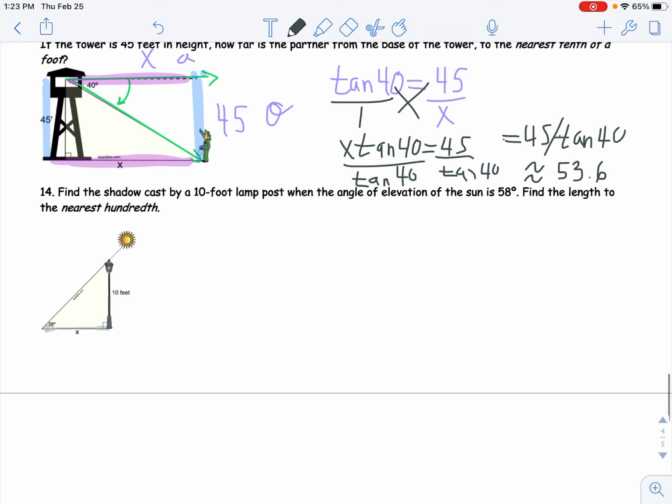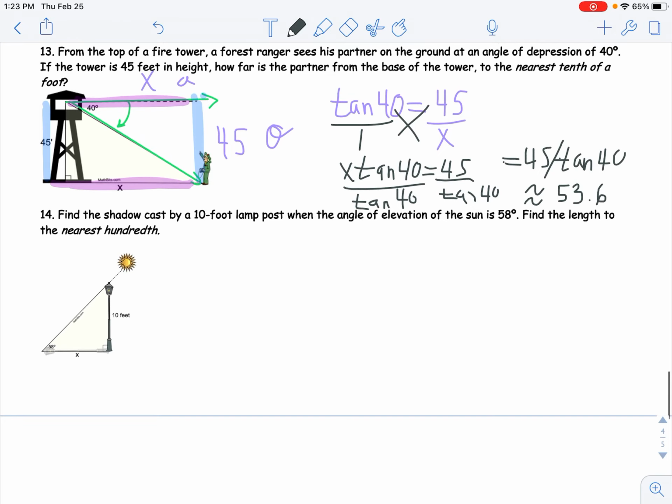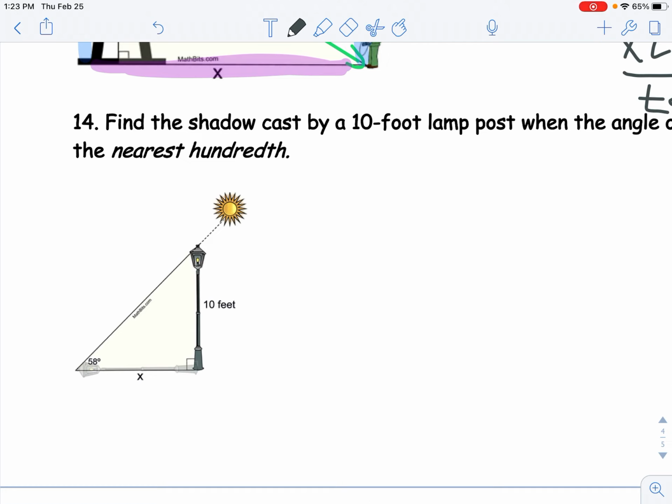All right. And then last problem of the day. Find the shadow cast by a 10-foot lamp when the angle of elevation of the sun is 58 degrees. And we're going to round to the nearest hundredth. All right. So given this angle, again, another tangent one. Tangent so popular.